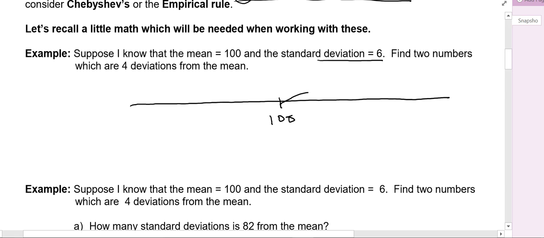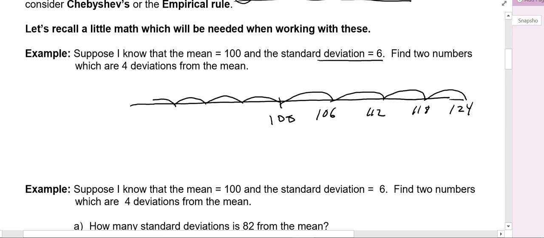So if I go out 6 units, another 6 units, another 6 units, and another 6 units, that will be that number, correct? Well, that's 106, that's 112, 118, and 124.